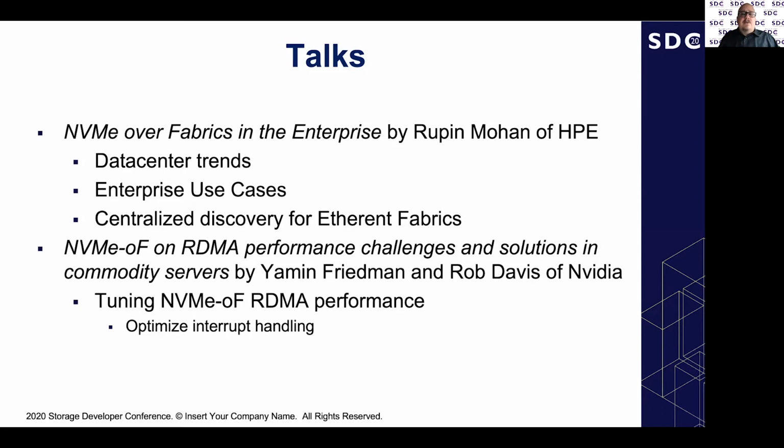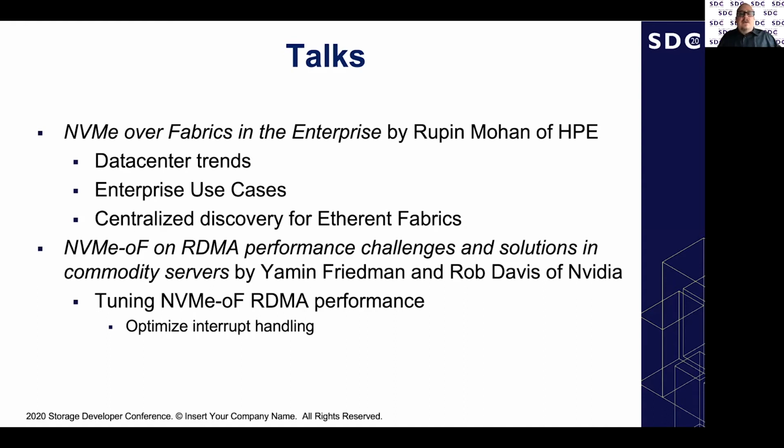This is really a welcome new addition for Ethernet. Fiber channel historically has had centralized discovery for fiber channel SANs, but Ethernet hasn't had that, and this is a really nice new technology which brings that functionality to Ethernet.